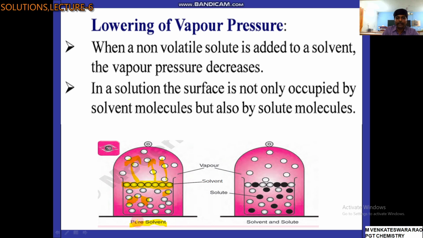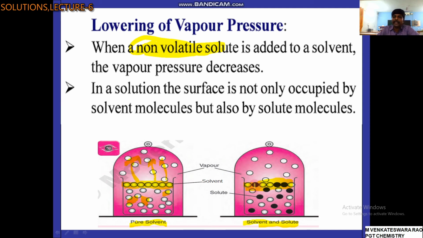That is the vapor pressure of the pure solvent. In this case, solvent and solute are both there. You see, when a non-volatile solute is added, these black molecules, some solute molecules come and occupy surface positions also, because a solution is a homogeneous mixture.